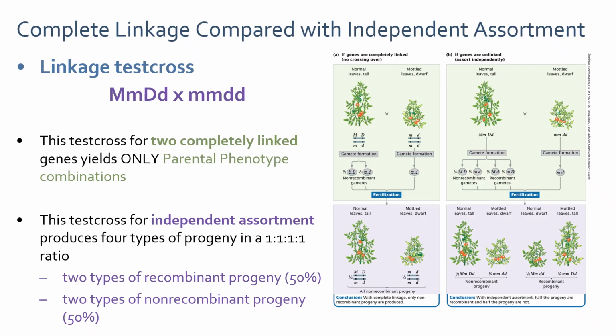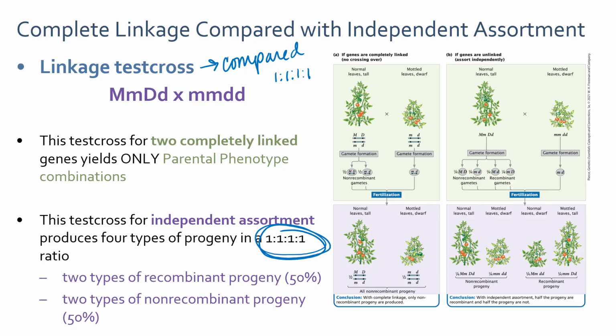Now, if we were to work out this test cross as a dihybrid, we would expect to get a 1:1:1:1 ratio. So our linkage test cross is always going to be compared to that 1:1:1:1 ratio.